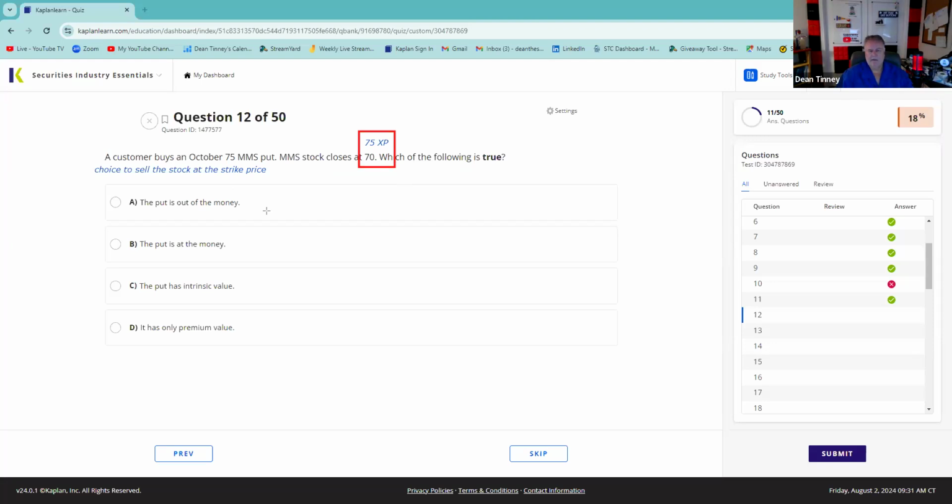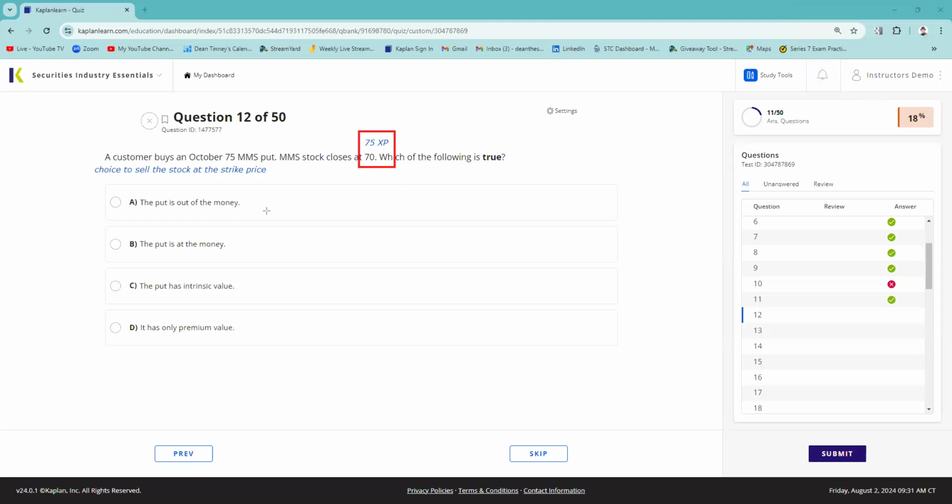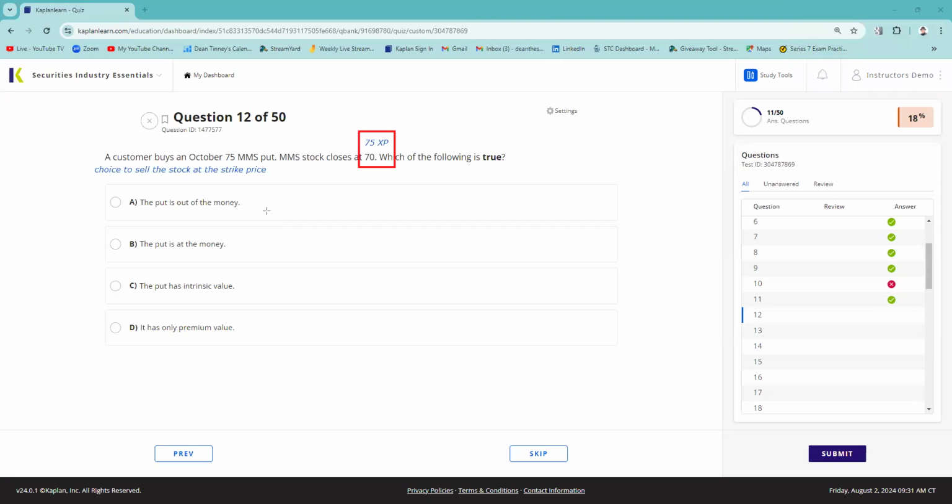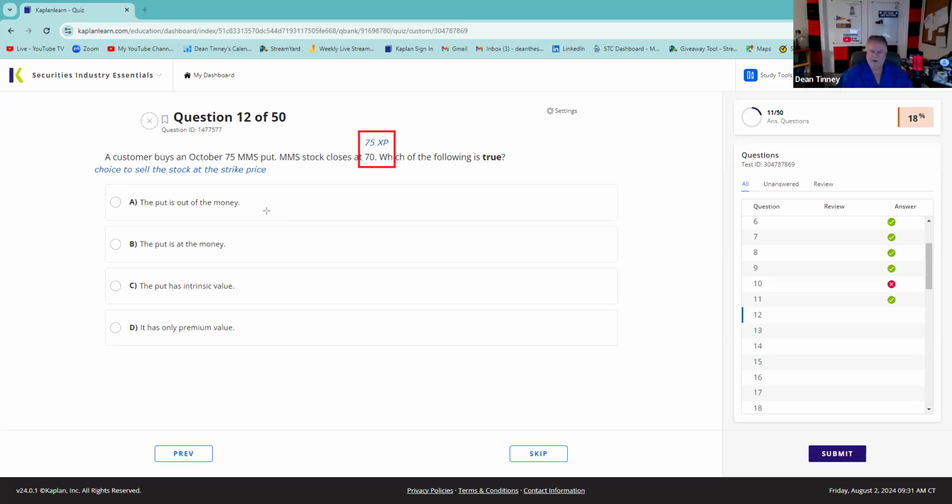In the money, at the money, and out of the money refer to the relationship of the strike price to the market price. So here, if I have a choice to sell at 75 and the stock is at 70, my choice to sell is worth 5 points. A choice to sell at 75 with the stock at 70 is worth 5 points. It's not out of the money. Right now, this put contract is in the money.